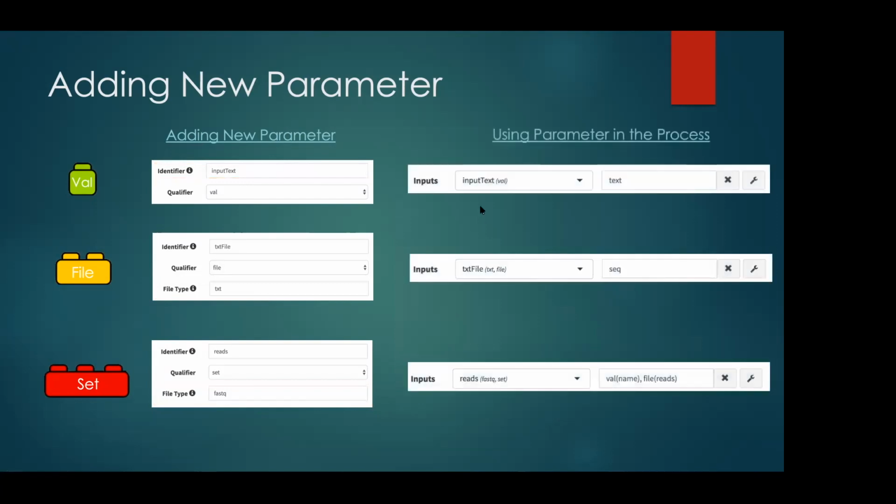And let's check how we are really using these parameters inside this inputs block or outputs. So when we choose these blocks inside this process, you can see where the identifier looks like, and the qualifier is located over here. So over here, we need to enter some kind of a keyword, which we call a variable.